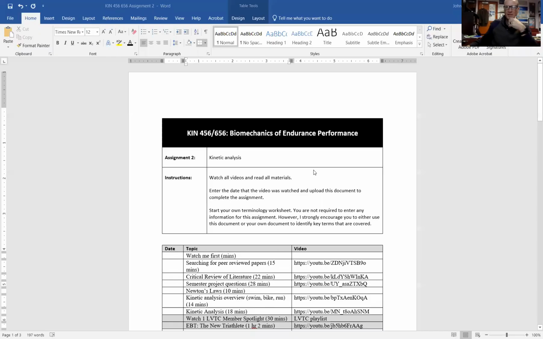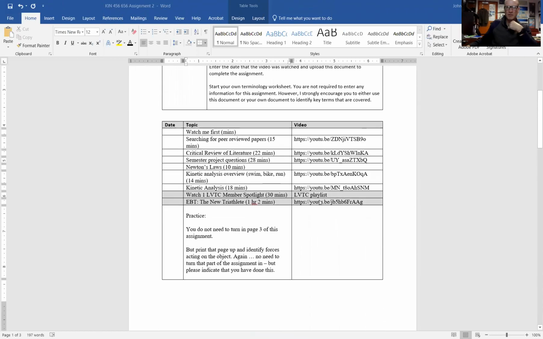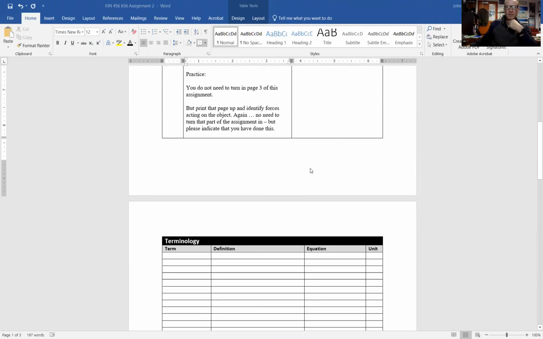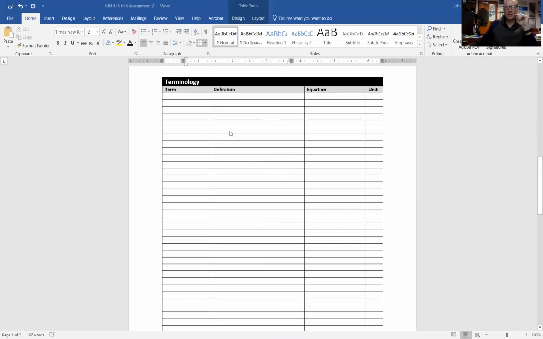I did want to also show you the assignment, because it has one other part to it that emphasizes Newton's laws. Same information here. I continue to encourage you to create your own terminology list as you go through these videos. Just have a piece of paper out or a Word doc like this.